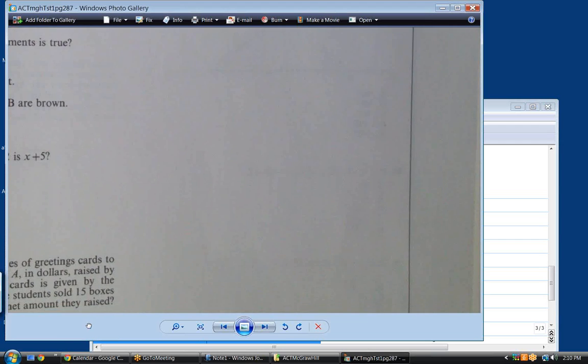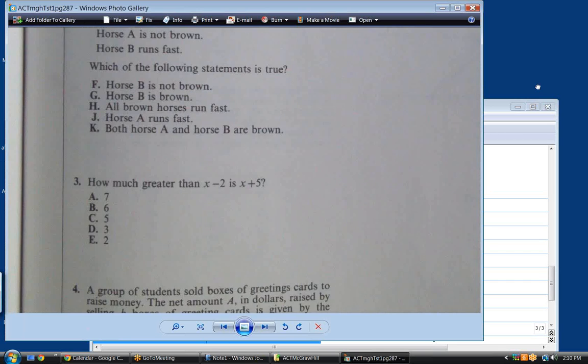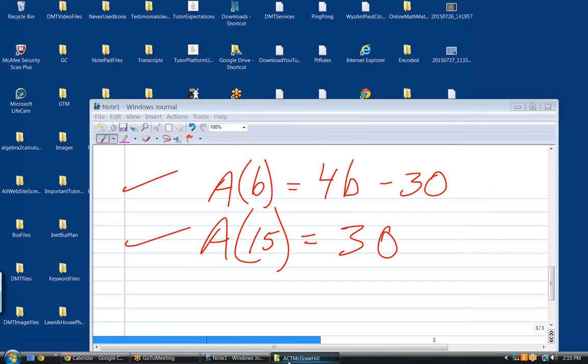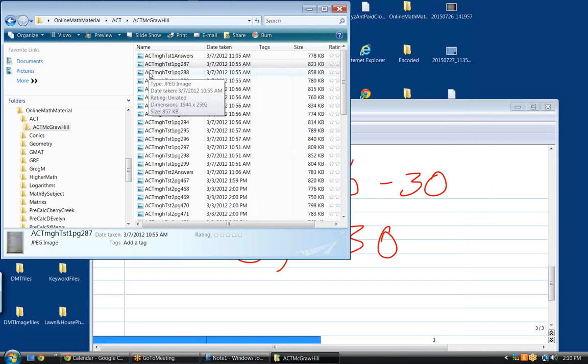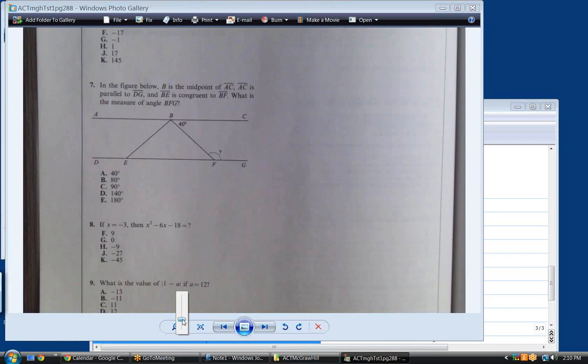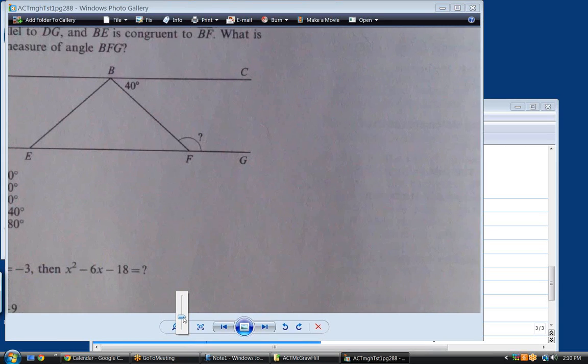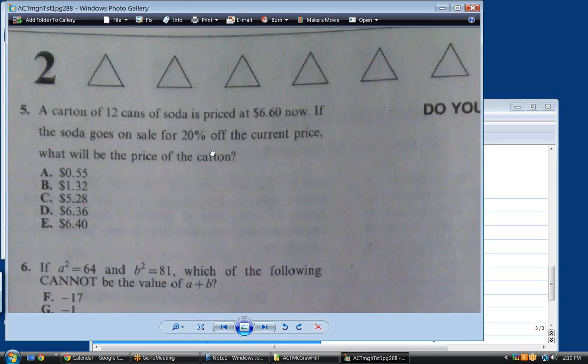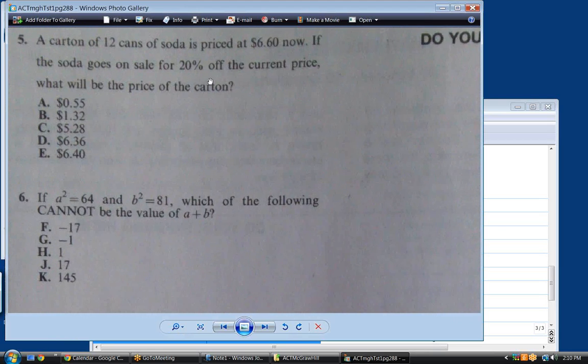Now, in all honesty, the calculator is not going to help you nearly as much as people think it does, only because they tend to set these tests up so that you don't really need a calculator. In fact, sometimes the calculator can actually drive you in the wrong direction, truly.